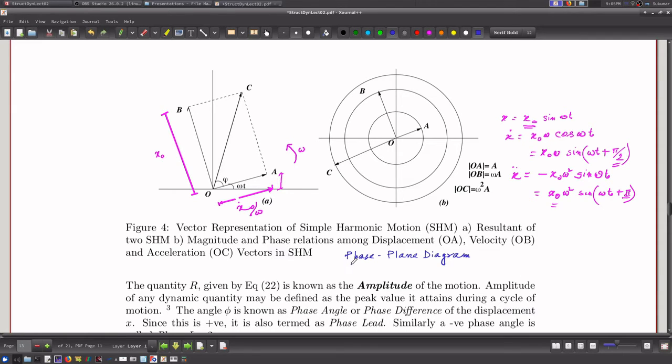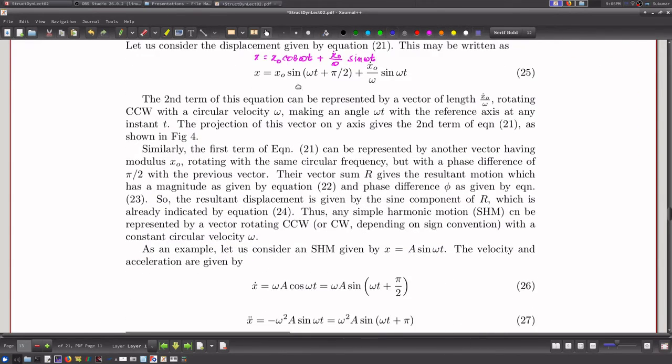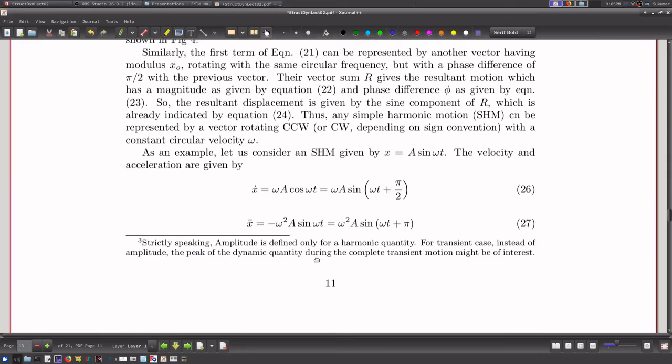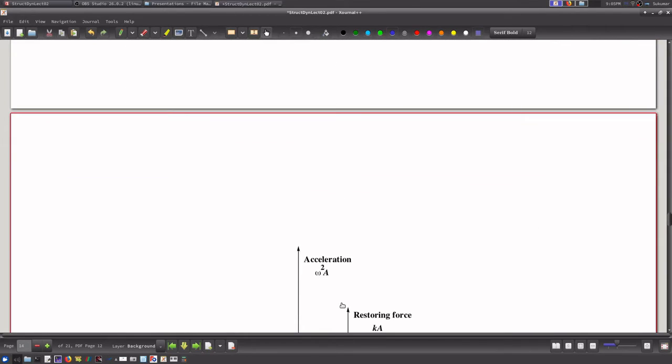So all those things can be expressed in terms of these phase plane diagrams. So your mechanical friends will be heavily using phase plane diagrams in dynamic analysis of machinery, okay, and we civil engineers can also fruitfully use such vectorial representation of simple harmonic quantities.